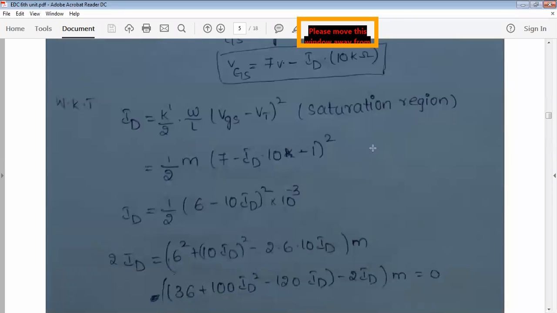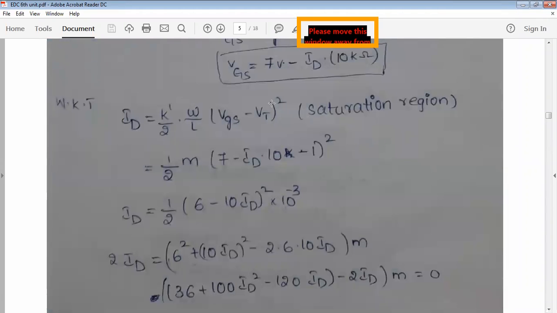Okay. Once you know the VGS value, substitute the VGS condition in the current equation. This is the current equation for the enhancement mode MOSFET. ID is equal to K dash by 2 into W by L, VGS minus VT whole square, in the saturation region. The given K dash into W by L value is 1 milli. So 1 milli, and the VGS expression is 7 minus ID into 10K minus 1, whole square. Right?